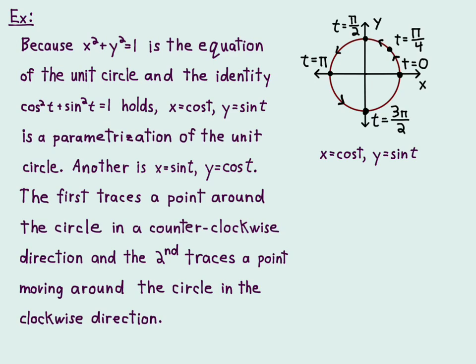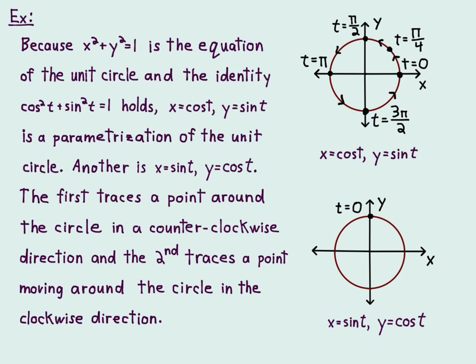Sine of 3 pi over 2 is negative 1. So this is the point 0, negative 1, which checks out right here. So it's going counterclockwise, and you can keep going by just increasing t. It's just cycling around the circle as t increases.